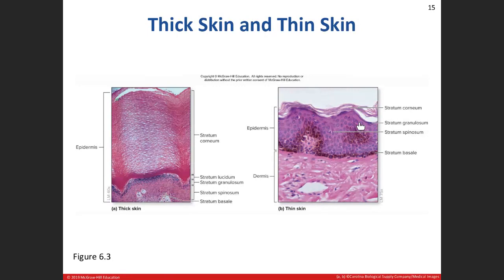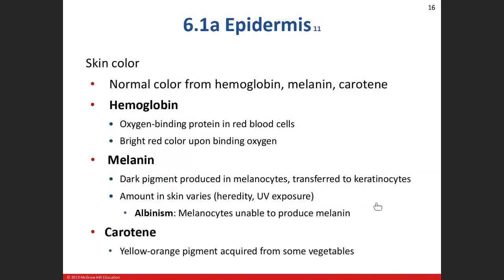Not that much, okay? You can really see here in the stratum basale and even in the stratum spinosum, these darker staining cells here, all right? They're loaded with melanin, okay? You can see it way easier. I mean, it's down here too, all right? But you can't see it as easily. It doesn't stand out as much, all right? Which leads me into the next variation, which is skin color.